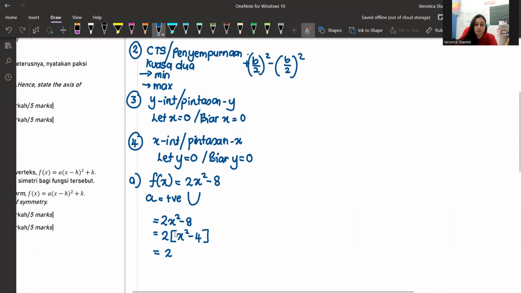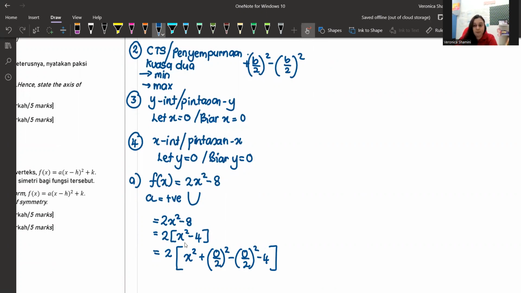Okay, what teacher saw some students did: you did like this. X square plus b, you don't have, so you put 0 over 2, minus 0 over 2. Then minus 4. Can, no problem. But if you realize that you don't have your b already, it means you don't have to continue this working actually. Because automatically, you see here also, what will you get?